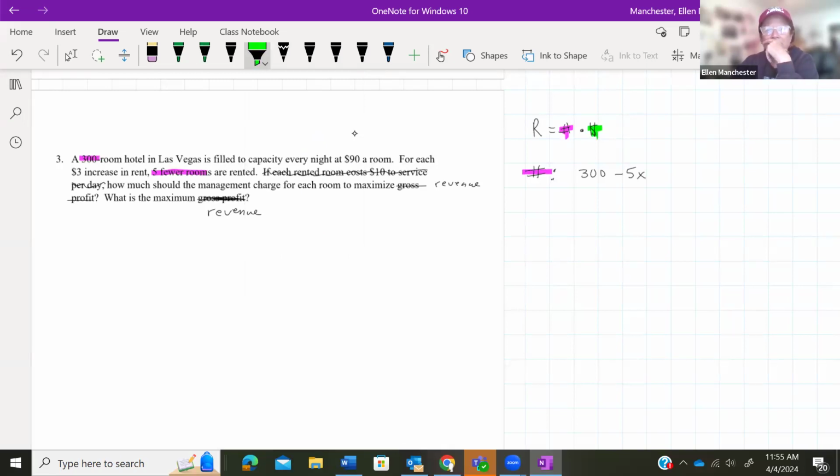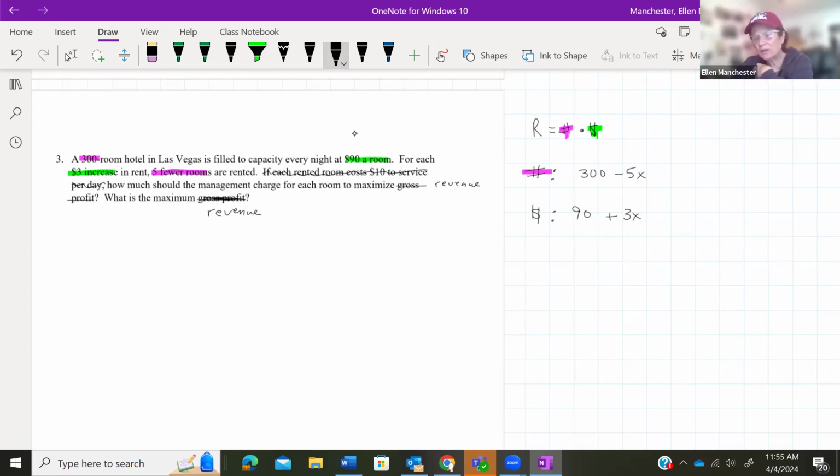Okay, and then the dollar amount is we start with 90 and we increase it by $3 every time we change.